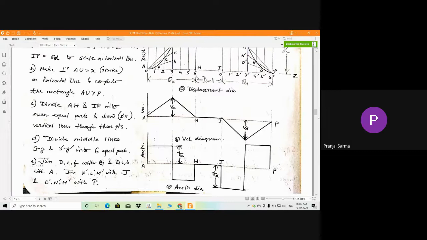So once again, consider theta along this axis, and velocity v along the y-axis. In that particular case, from here to here, I have to project those angles, and this is nothing but theta a. Similarly, if you project from the displacement diagram, then you will get the corresponding theta a.